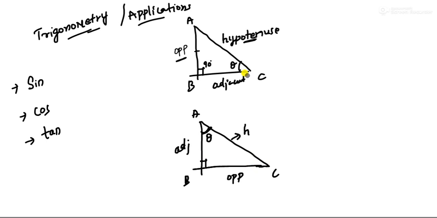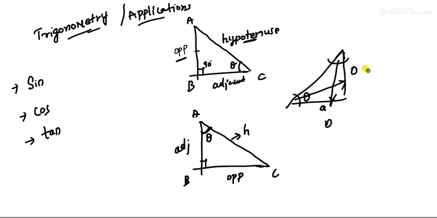Either it can be at C or A. If it is like this, the theta can be here or here. So remember, if theta is here, this becomes opposite, this becomes adjacent. If theta is at this, the opposite side is this, so this becomes opposite, this is adjacent, and the one which is opposite to 90 is always hypotenuse.